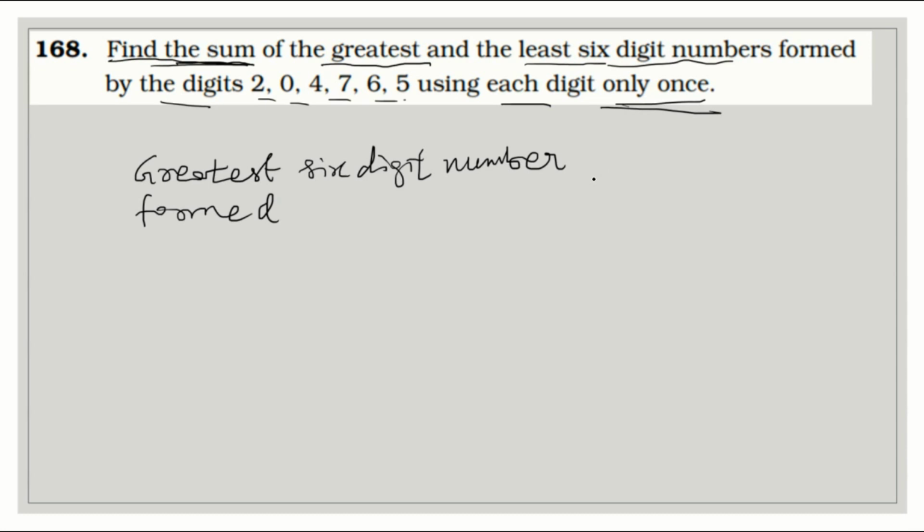See, what would be that number formed? I am taking boxes so that it becomes easy for you to understand. Here we have 6 places drawn.